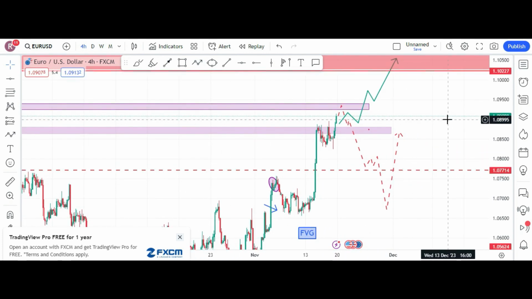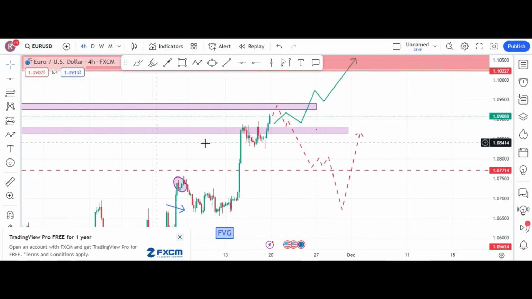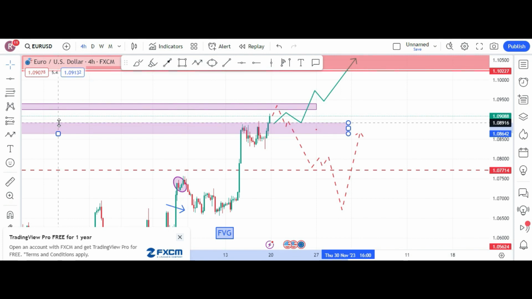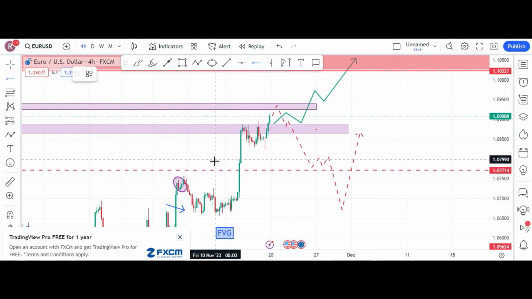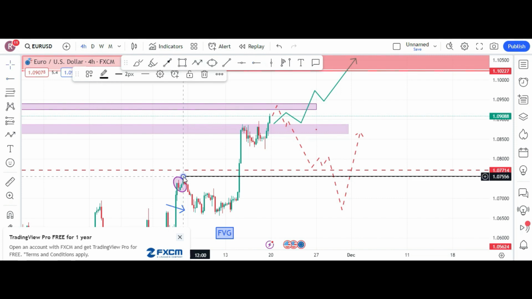So traders, my suggestion is to be bullish biased, but please wait for this retest on the 4-hour time frame, at least one red candle to test, and if that doesn't break this area, yes. If it breaks this area, then maybe it will come somewhere here, or maybe here, this area to collect some liquidity and move upward.